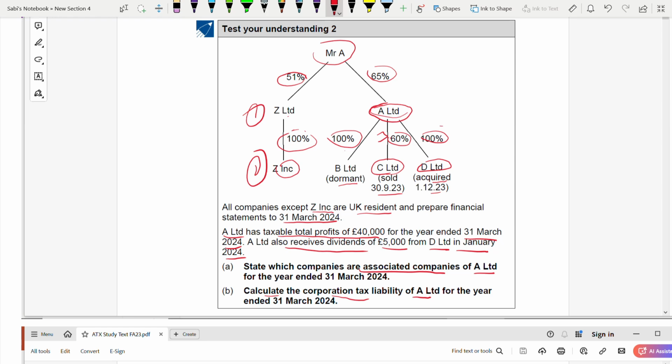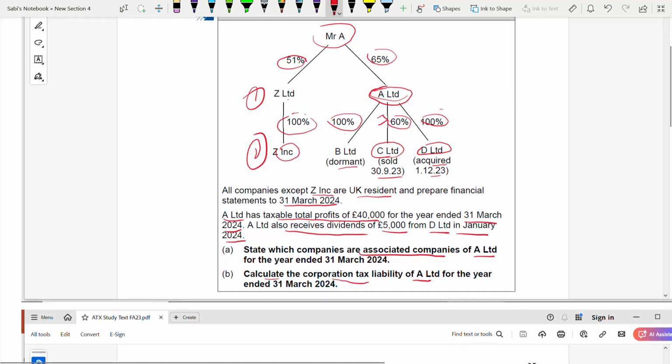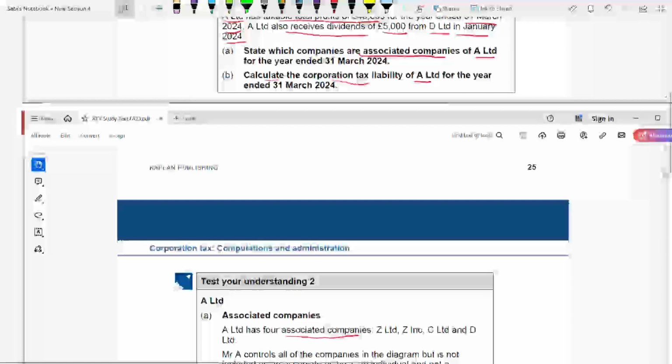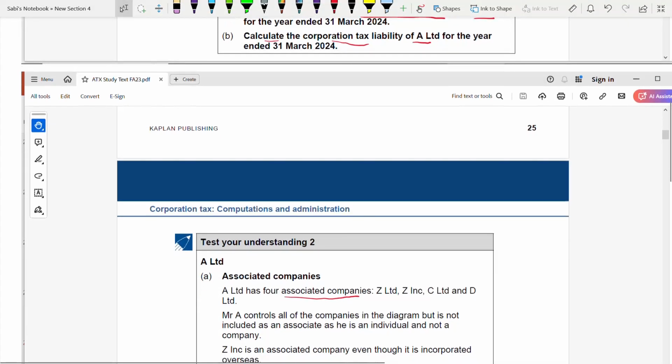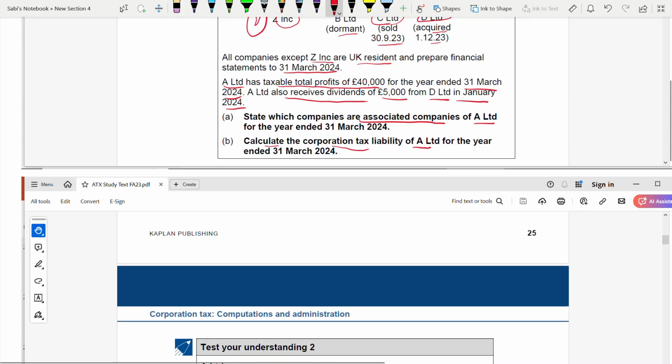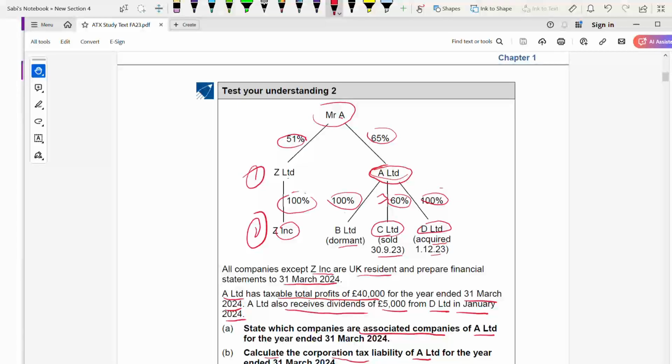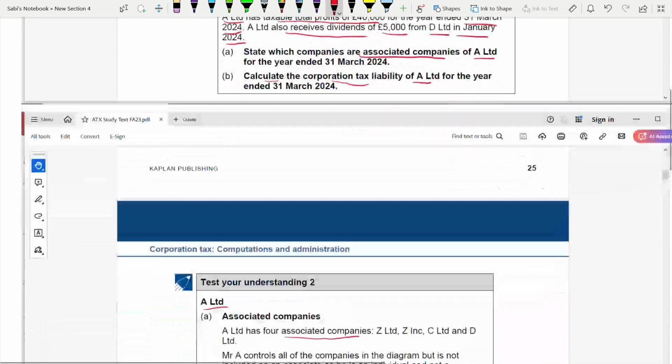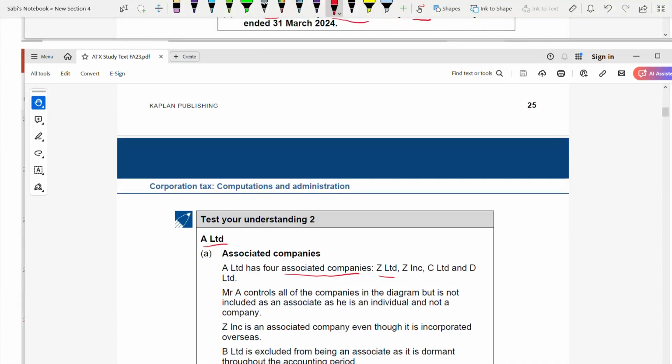It's having 65%, then why not A? We'll see. So here is the answer. Sorry, this is A Limited I'm talking about, not Mr. A. A Limited has association of C, D, Z Limited and Z Inc. Not the dormant. Dormant will not fall there.